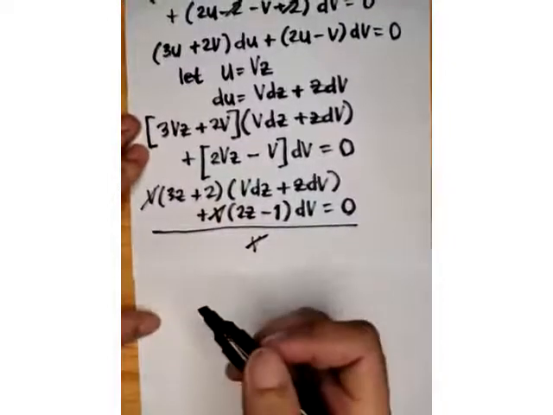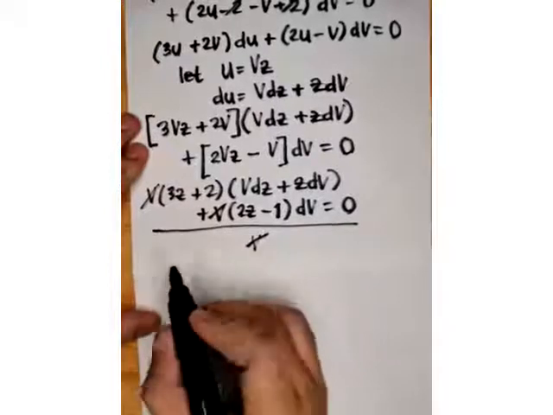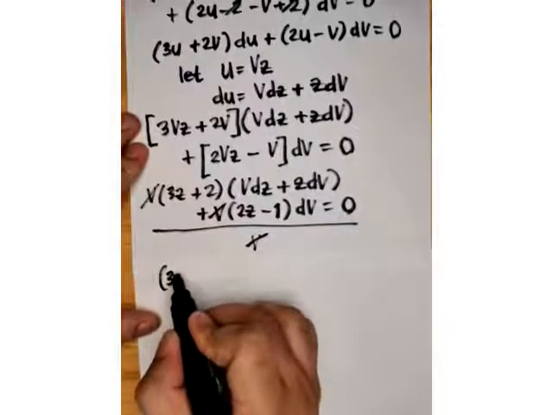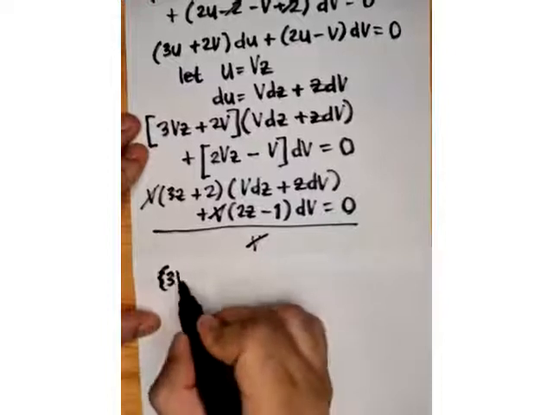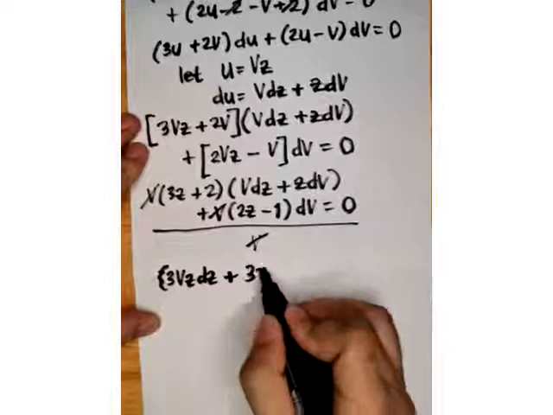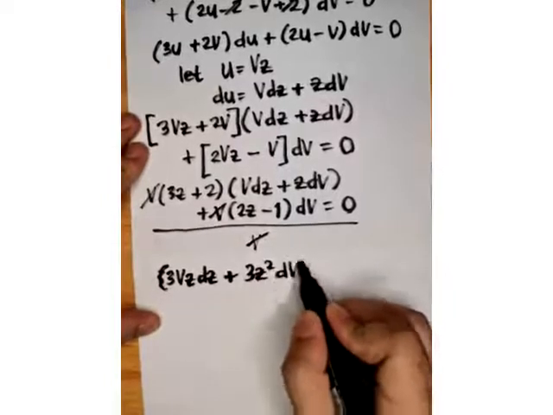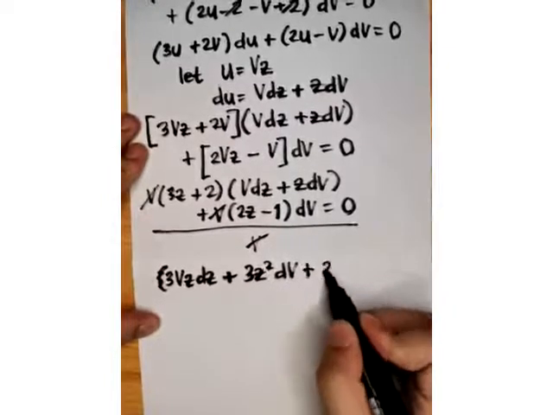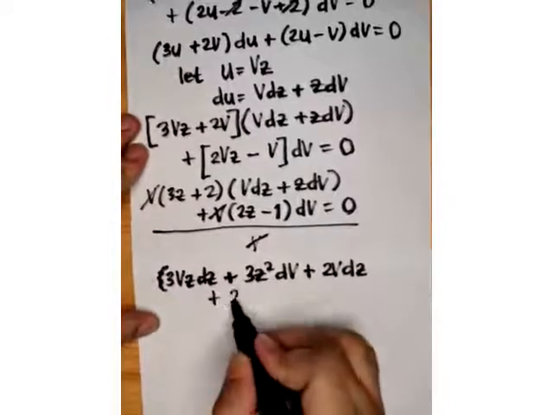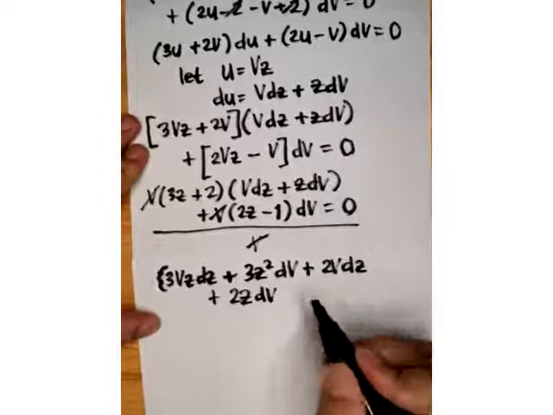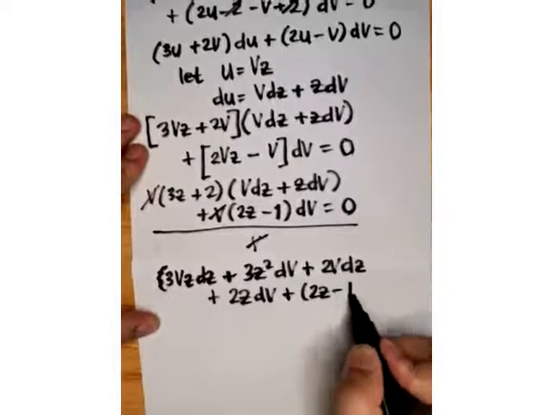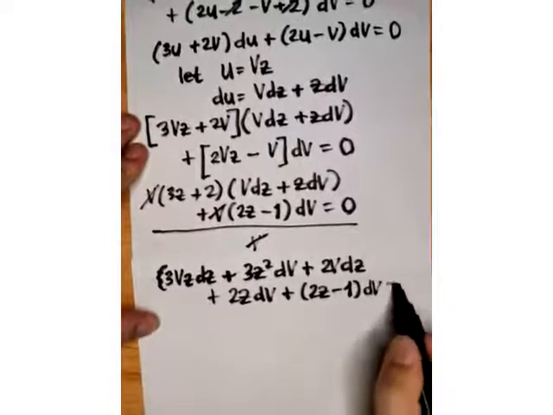So we'll have 3vz dz plus 3z squared dv plus 2v dz plus 2z dv plus 2z minus 1 dv is equal to 0.